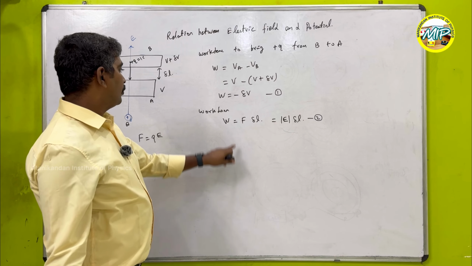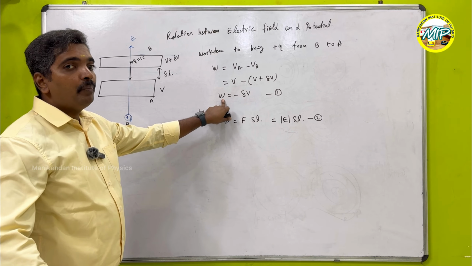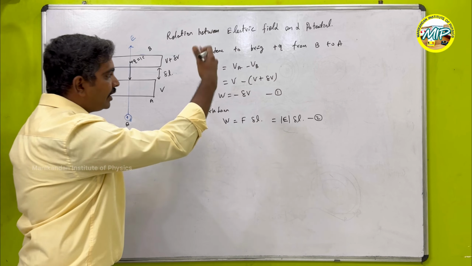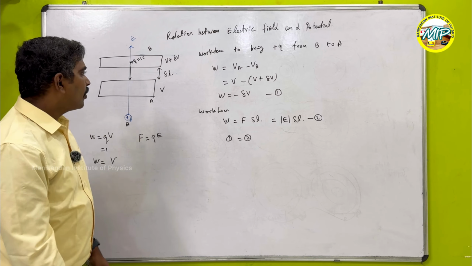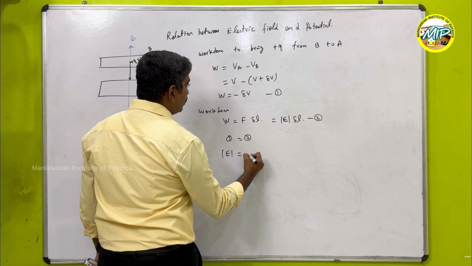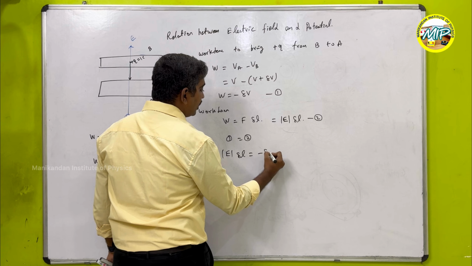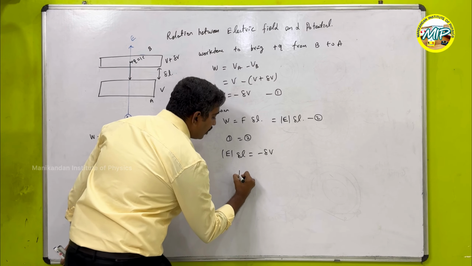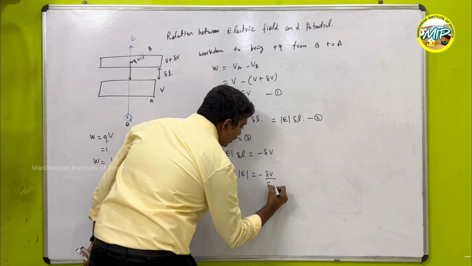So this is the work done from electrostatics, and this is the work done from the potential difference. If I equate equation 1 and equation 2, then I may write modulus of E into delta L equals minus delta V. Therefore mod of E equals minus delta V by delta L.